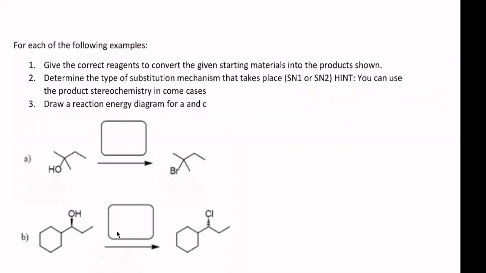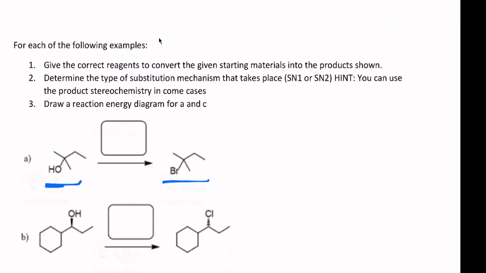Give the correct reagent. So how are we going to convert the alcohol on the left into the alkyl halide on the right? Which method would you use? Would you use PBr3?